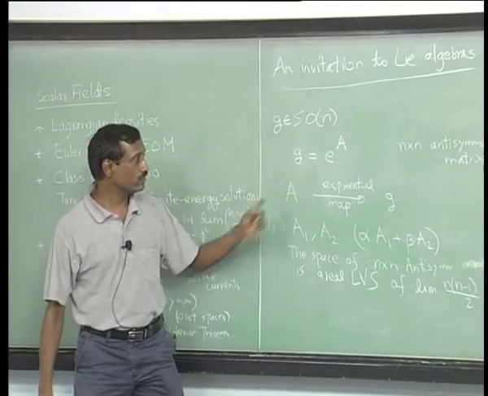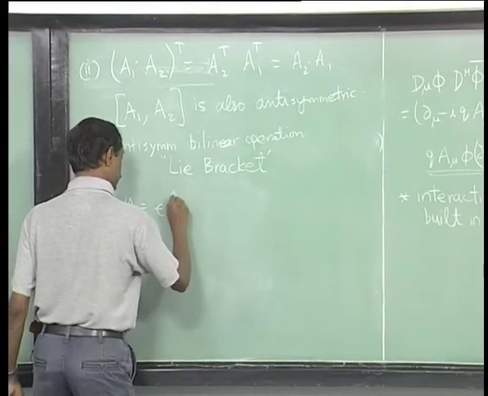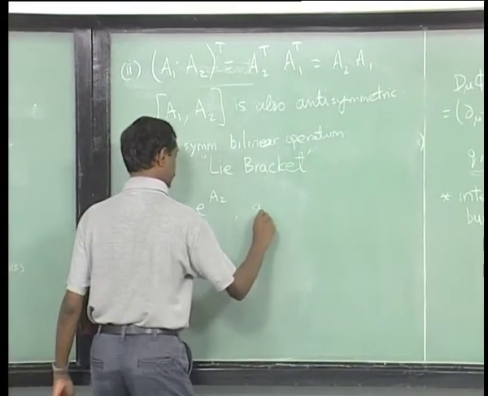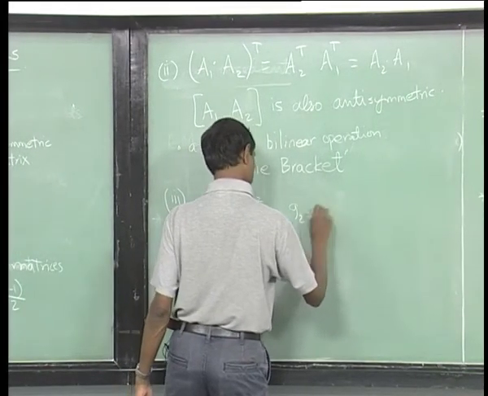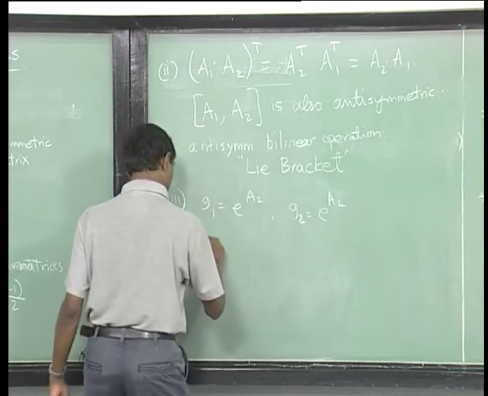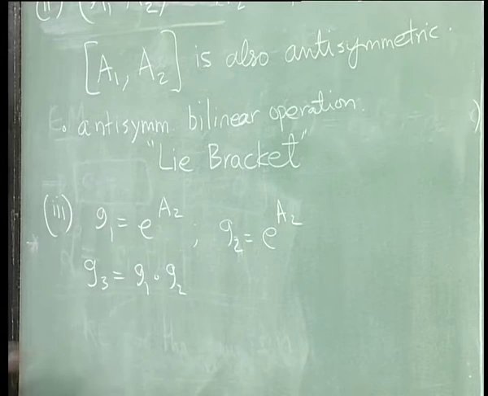Now the third part comes through the fact that we know that there is a group. So if G1 and G2 are two elements, and suppose G3 is equal to G1 dot G2, then G3 is also an element of the group. So it should be writable as e power some A3.